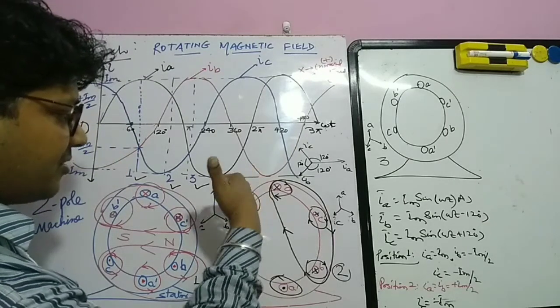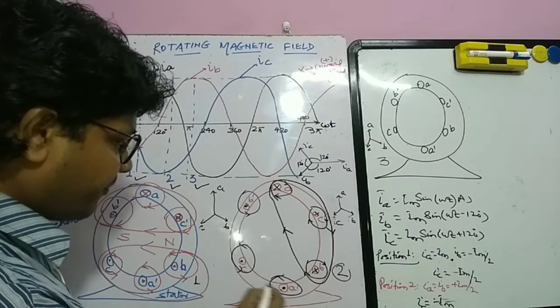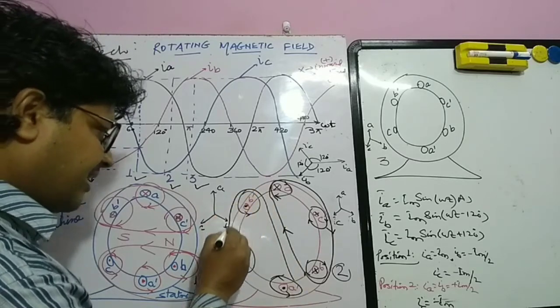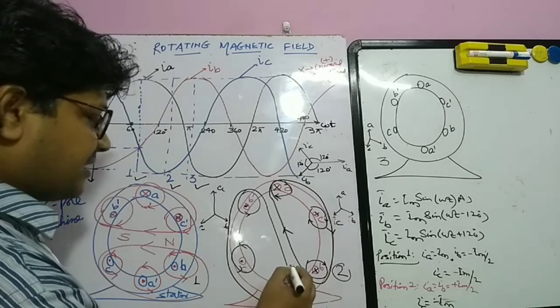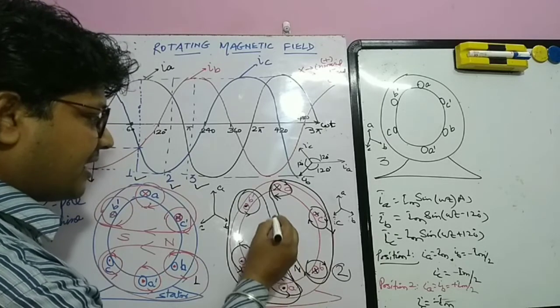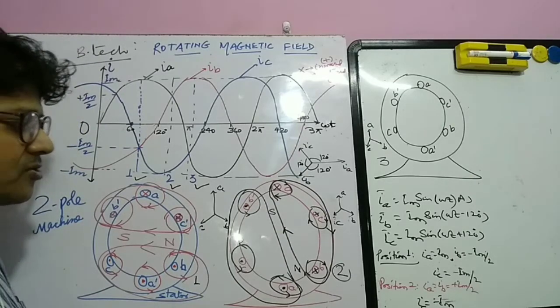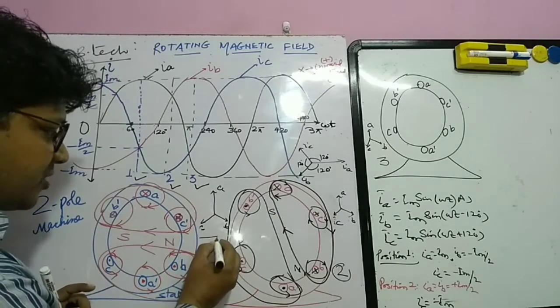Fine. So if we include the effect of all the three windings, we can see here this is north and south, right? So we can say that now it is at this position.